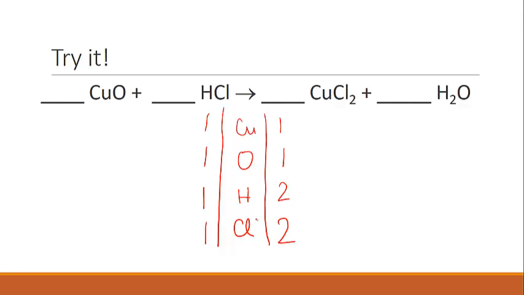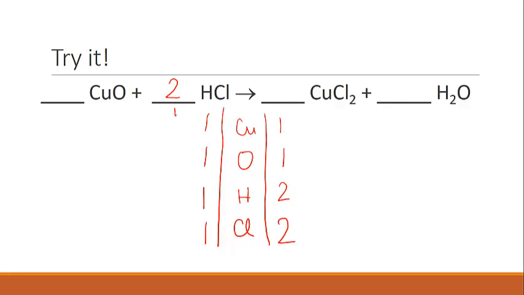I often just pick an element to balance out first. It really doesn't matter which one you start, so I often just go with the order that I have written. So if I want my hydrogen to be balanced, I need more on the left or the reactant side. So I find the compound that has hydrogen, HCl, and I'm going to add a number in front of it that's going to make my 2 hydrogen numbers match. So if I put a 2 here, that's going to change my count.